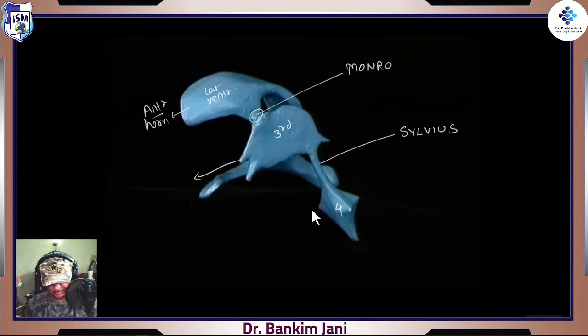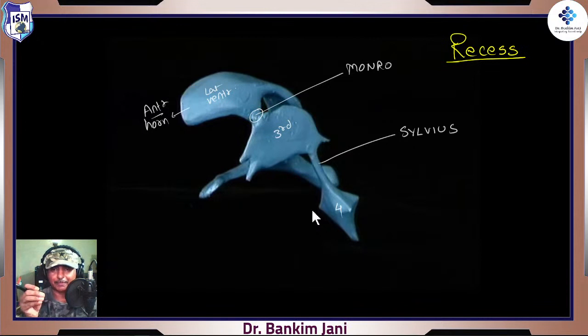These three structures are now on strike. Very interesting structures. For this, we need to understand first that there is something called a recess, a space. These ventricles project into those spaces.